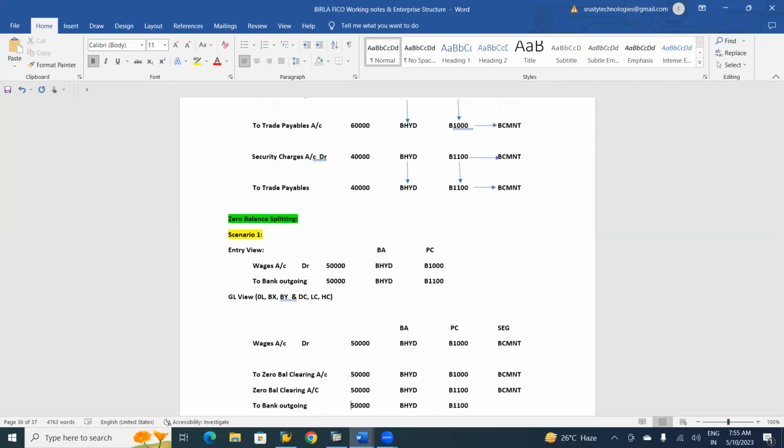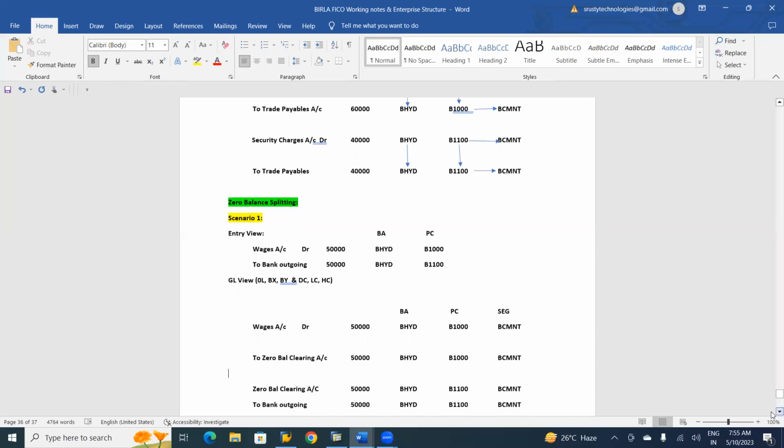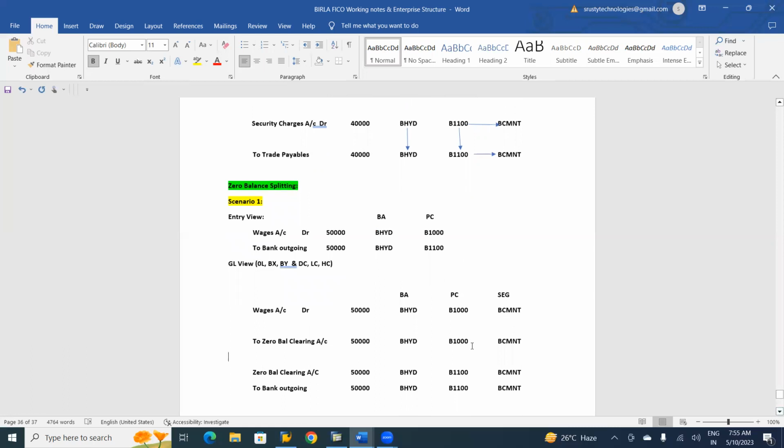See here, what it is doing? It is splitting. Earlier it was wages account debited to bank outgoing account. But here the profit center was not equal. It's not balanced.